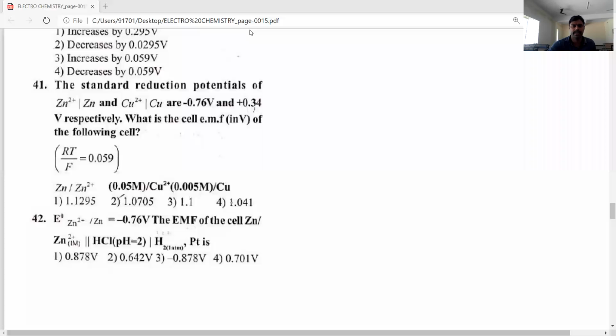The 41st question is very easy. Here see the zinc is anode, the copper is cathode, their standard reduction potential values they gave, then the EMF of the cell they asked, the concentrations also they gave. The electromotive force of the cell is equal to E0 cell minus 0.059 by N into log of concentration of anode, meaning Zn plus 2, by concentration of copper plus 2.